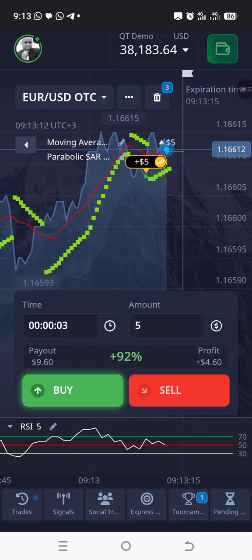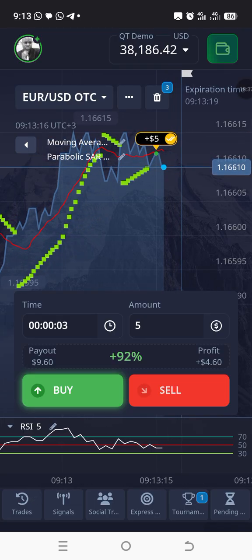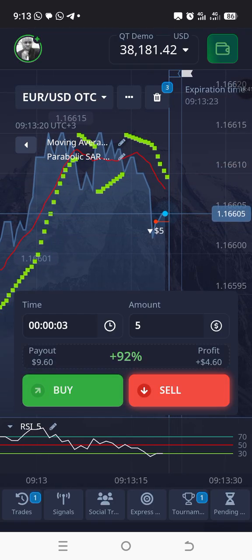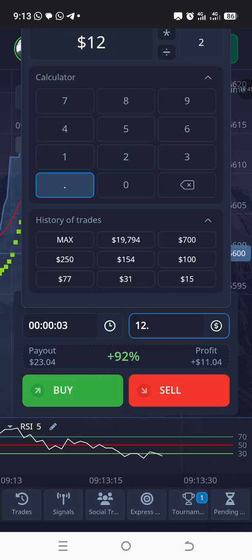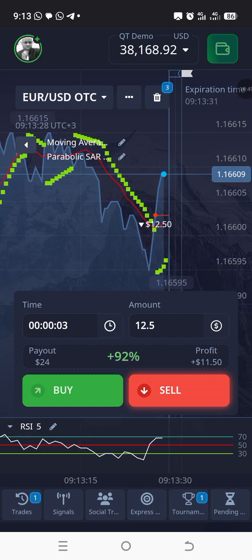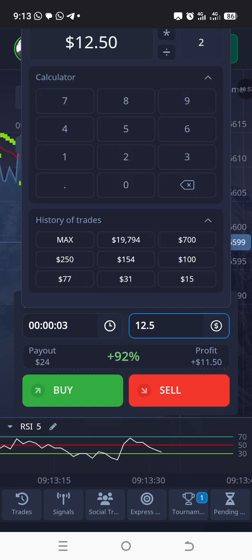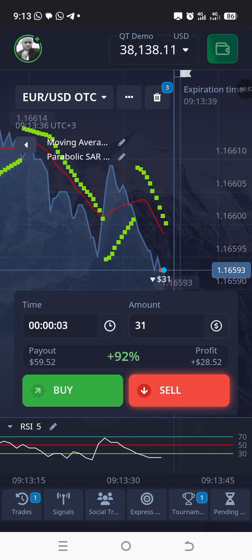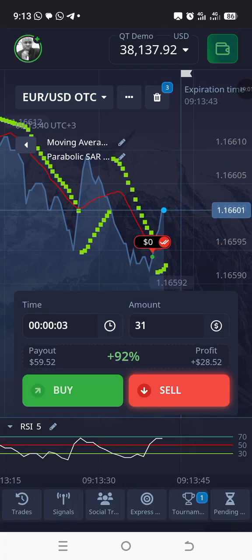Negative. The market is going down. We lose. Increase to 12.5. We go to 31. We lose.